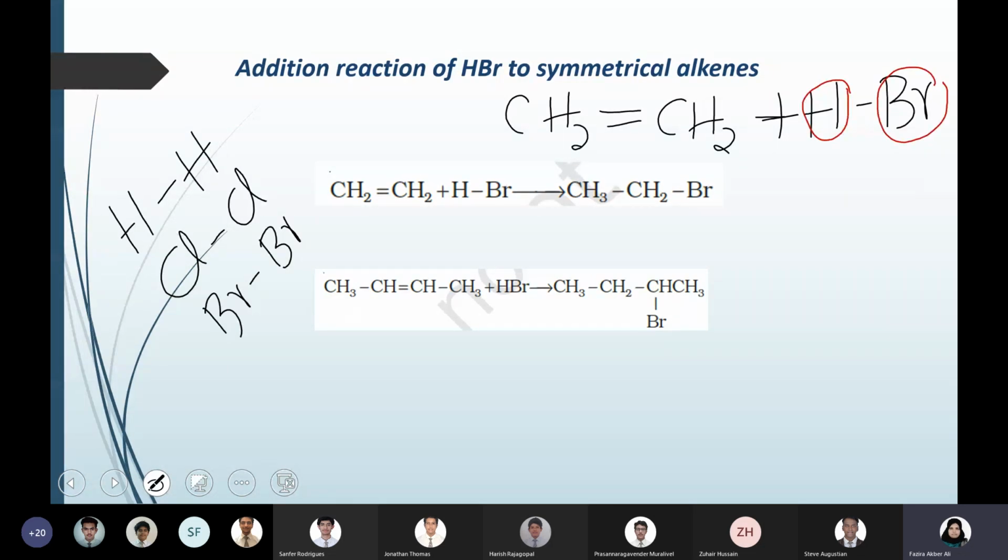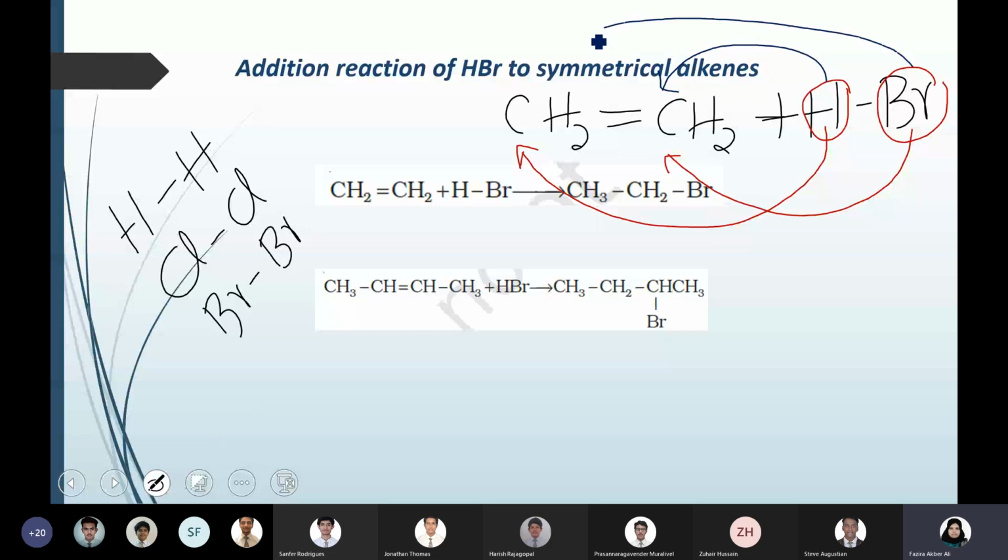So when you are adding something to the double bond, there are two possibilities, right? The hydrogen can attach to the first carbon and bromine can attach to the second carbon, or it could be the reverse also. Hydrogen will attach to the second carbon and bromine can attach to the first carbon.